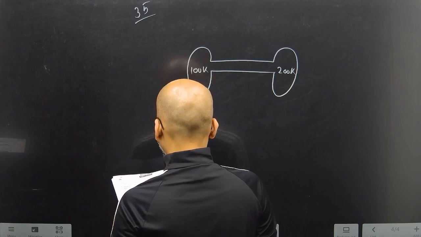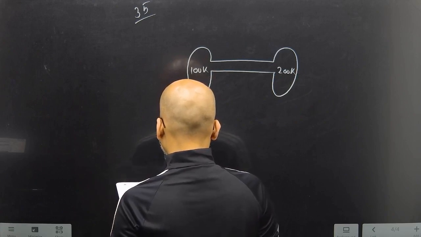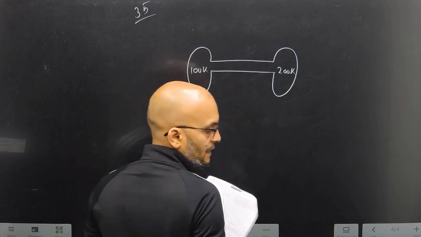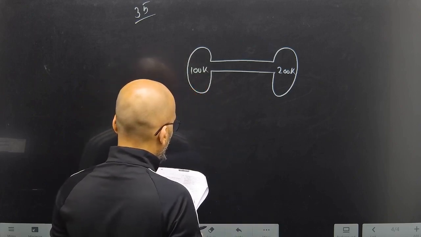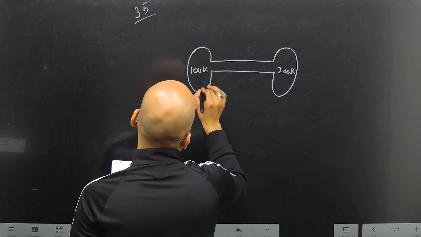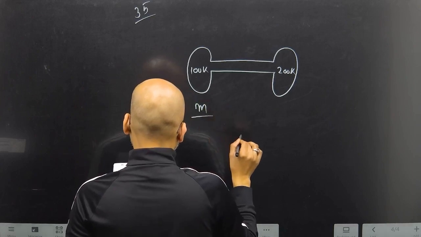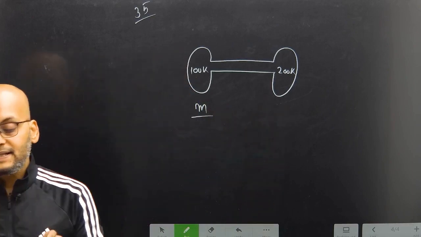The volume of flask 1 is twice that of flask 2, and the system is filled with an ideal gas. So here the ideal gas is at the temperature of 100 Kelvin and here 200. If the mass of the gas in flask 1 is M, then what is the mass? You have to find the mass in the second case.